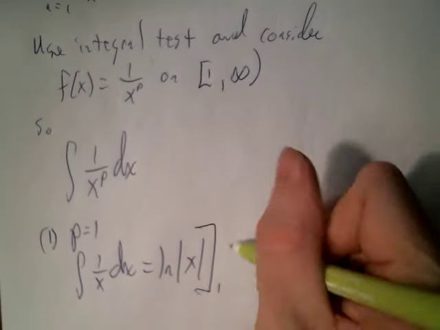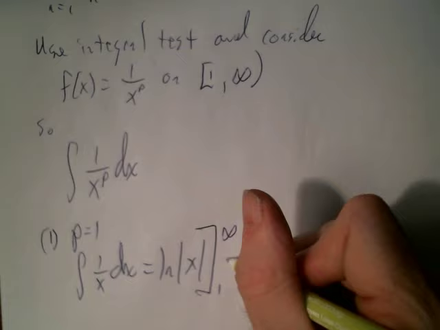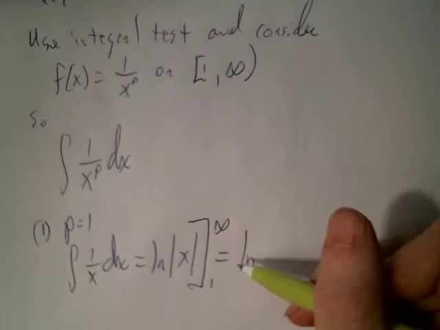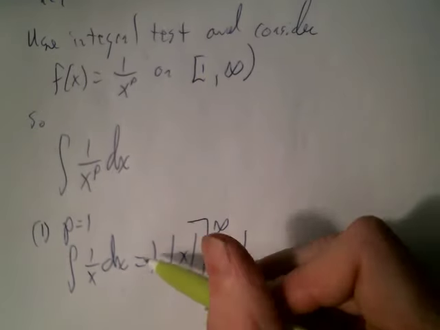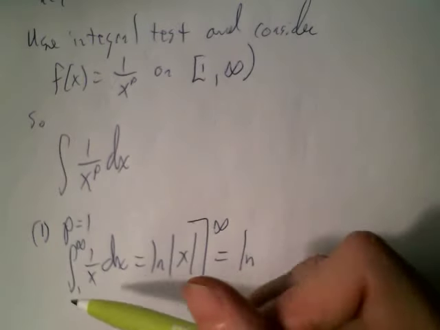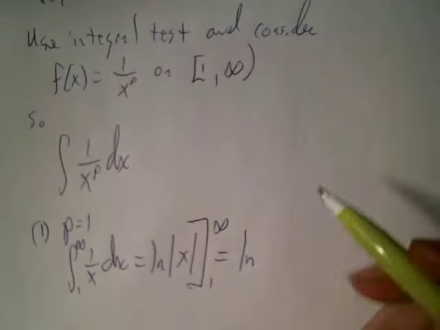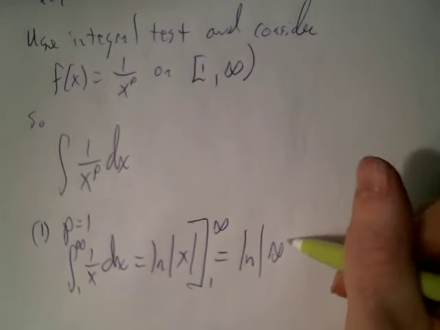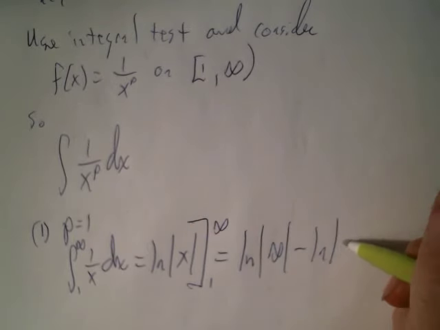And we're going from 1 to infinity using sort of the engineering notation. Usually I like to put the limit out in front, and just change the bounds from 1 to b as b goes to infinity.